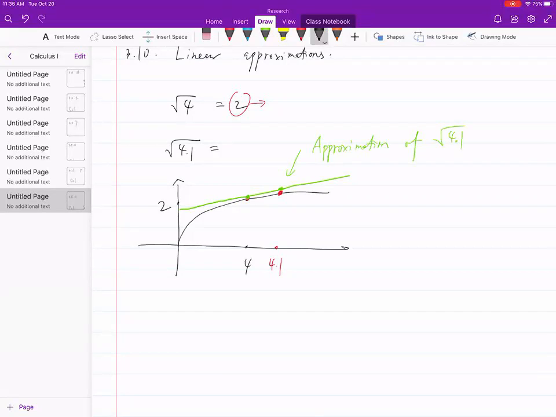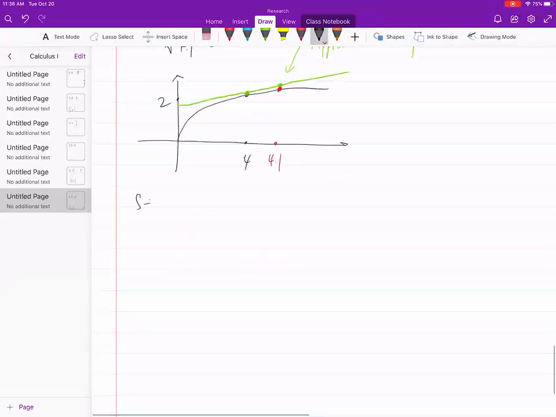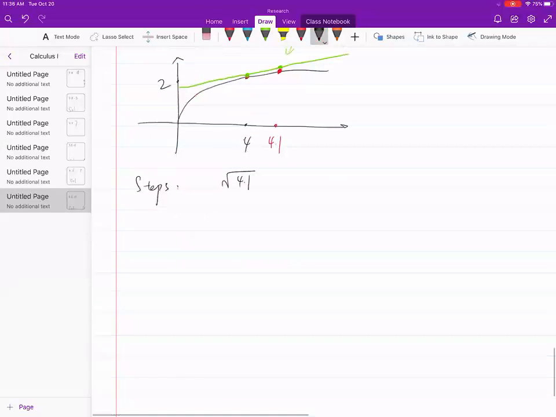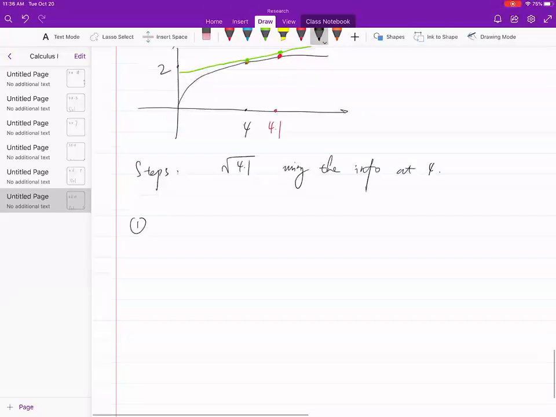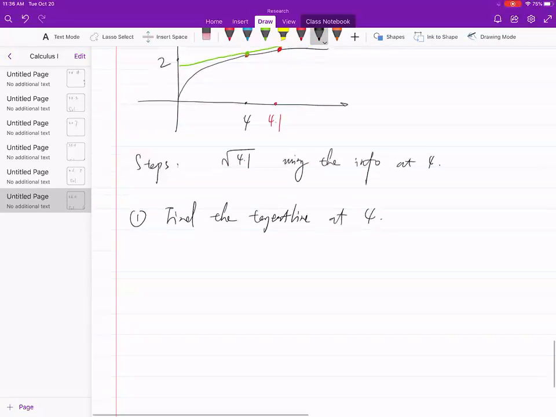All right, let me write down the steps. Our goal is to find this. Number one, using the information at 4, because 4 is nice, you find the tangent line at 4 because it's easy. Let's call it L(x).